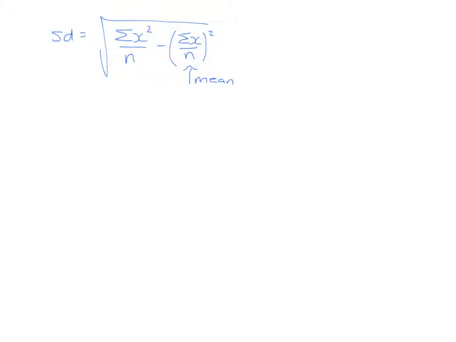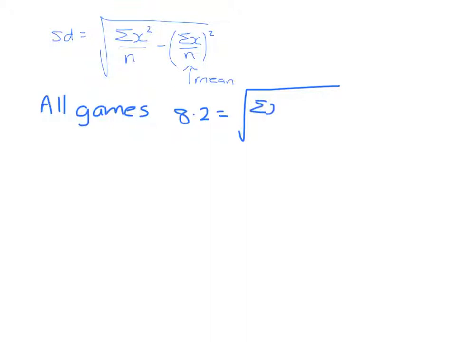So if we start with all games, standard deviation was 8.2. So that has to be the square root of the sum of x squared over 30 minus 36 squared.